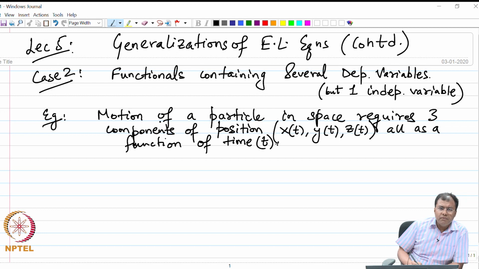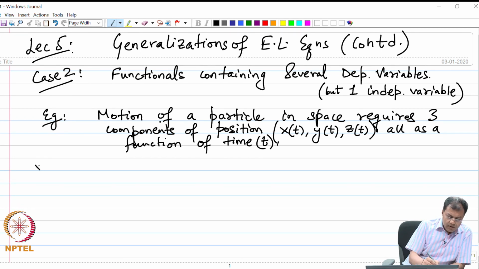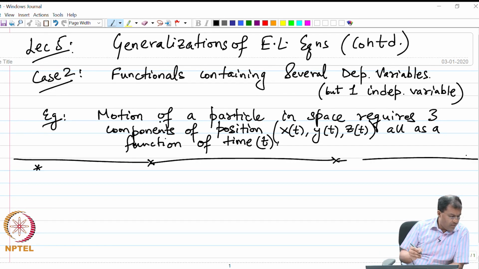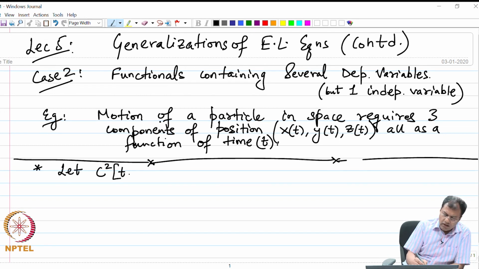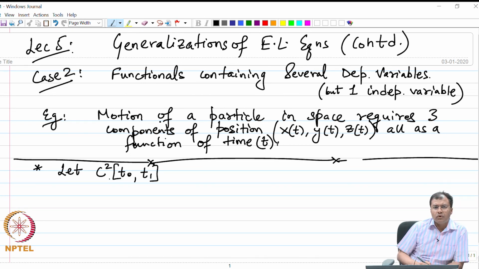So, let us now start building up the background to figure out the necessary condition in this case. So, first we have to describe the space where this extremal is going to be taken. We describe C2 of T0 T1, or the set of all continuously differentiable functions up to second order within the interval T0 T1.